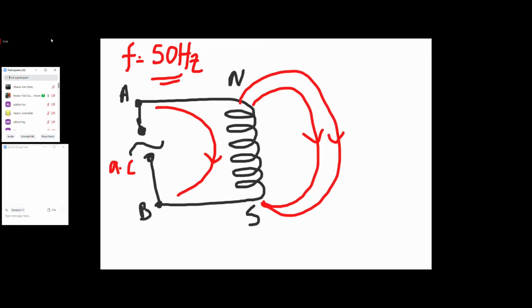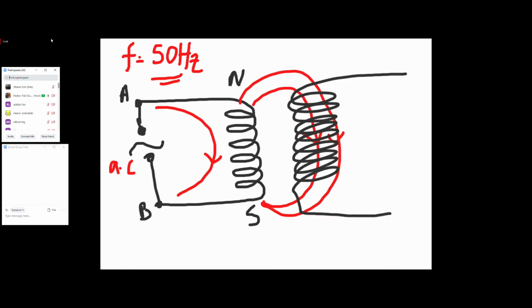So if I place a secondary coil here, the secondary coil will undergo changes of flux with North Pole up and South Pole down in the first 0.02 second. Remember, because 50 Hertz, the period is 0.02 second.